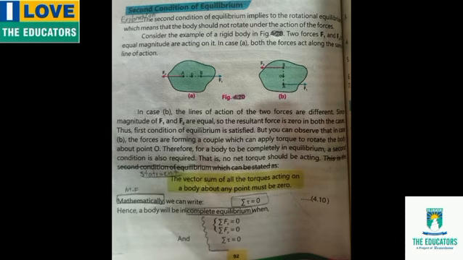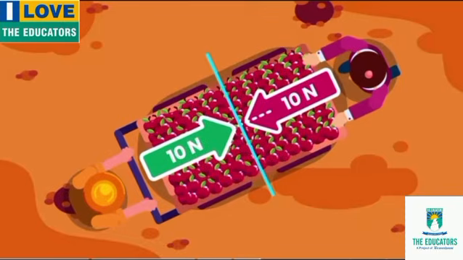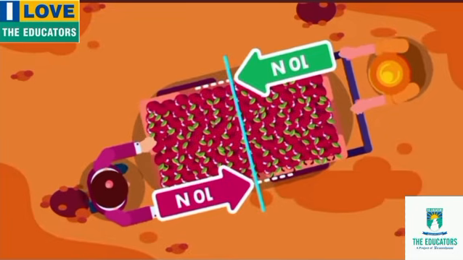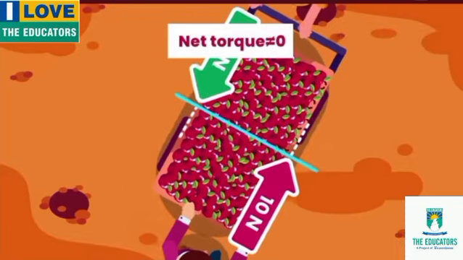Let's understand the second condition for equilibrium. Let us have a body, and two forces of equal magnitude are acting on the same line. Then the body is in equilibrium, but if we change their direction, then the body has a tendency to rotate. The two forces acting on a body with the same magnitude but different lines of action form a couple. That couple has the ability to rotate the body.